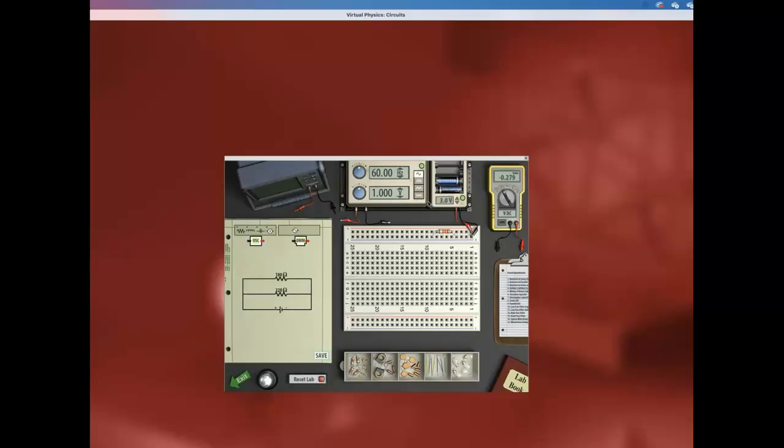I will measure first R1, which is IAB. Okay, let me switch this so that the labeling is right.